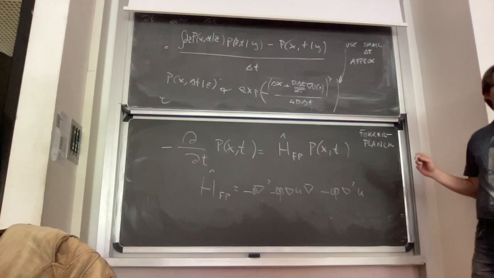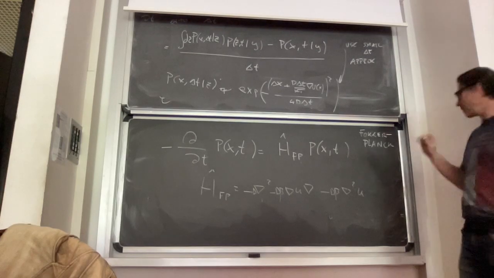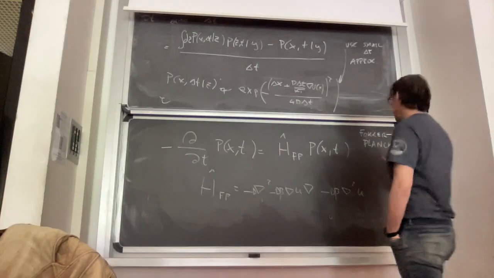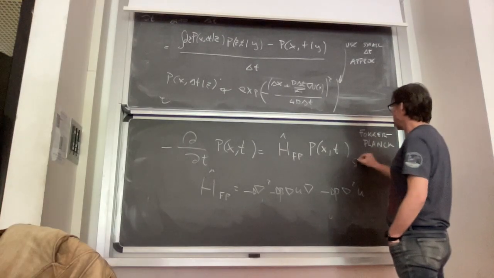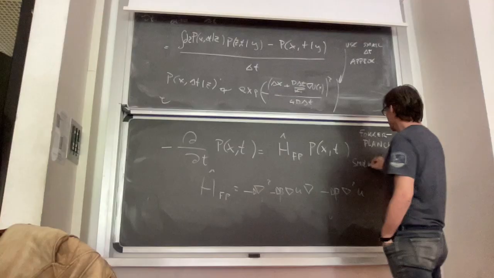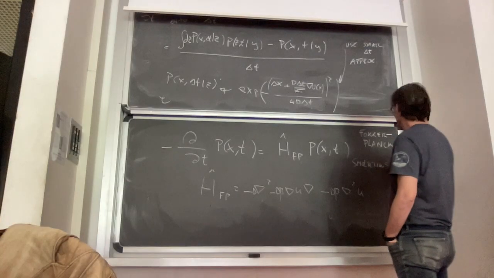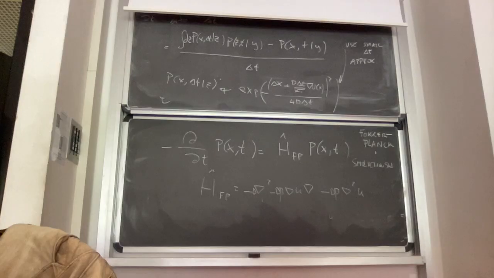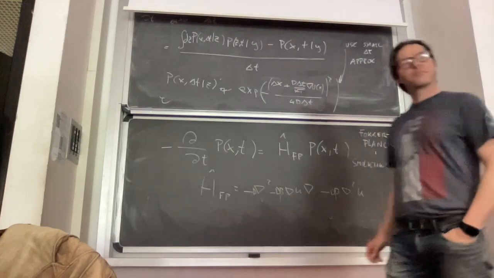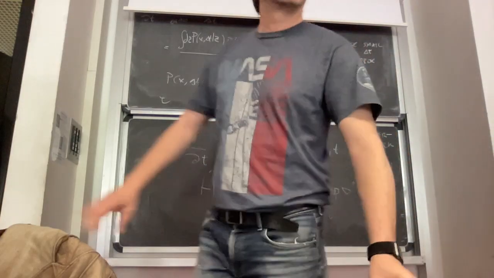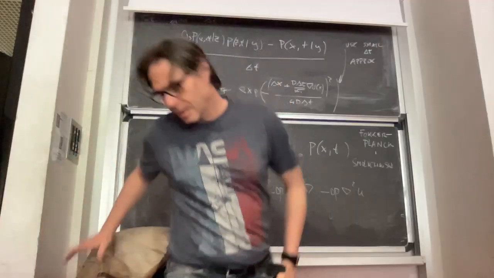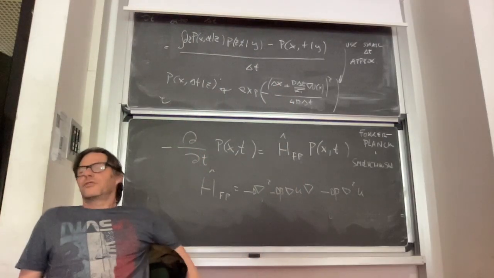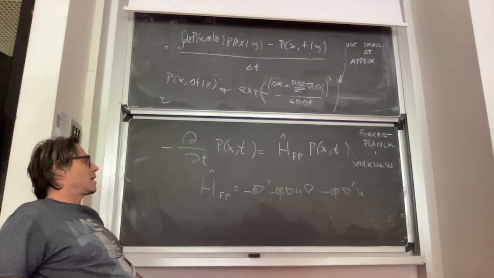Planck was German. I think also Fokker. Anyway, people from the West. And in the East it is called the Smoluchowski equation. Smoluchowski was a Polish mathematician, if I remember well. Fokker-Planck Smoluchowski, if you don't want to be wrong.